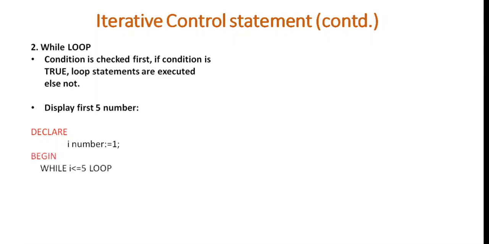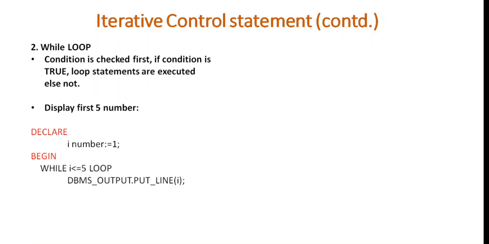Okay, then in the begin section we have our while loop, that is, while I is less than or equal to 5, and then loop. Now here this condition will get checked: if I is less than or equal to 5, then execute the statement. Okay, so this is the boolean condition. If I is less than or equal to 5, then it will enter the loop.